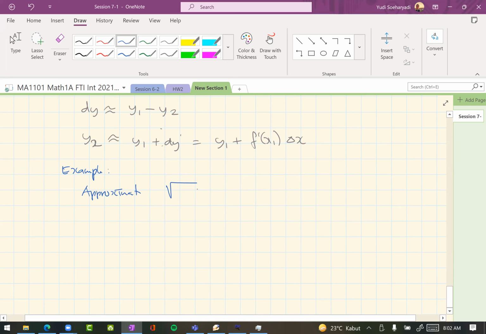Say the square root of 101. What can you say about the number?